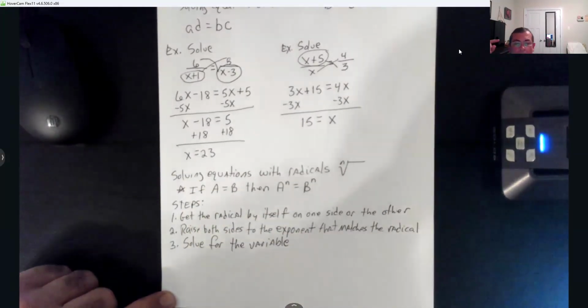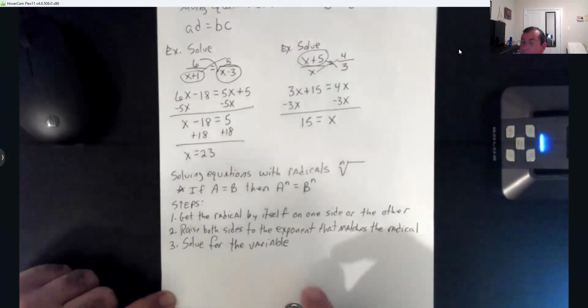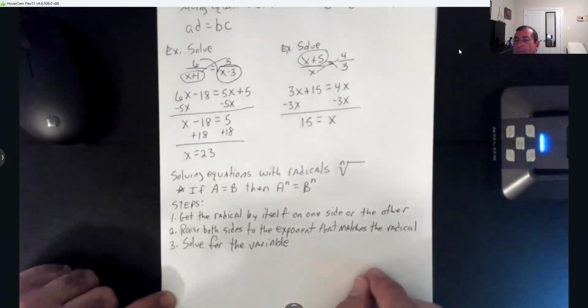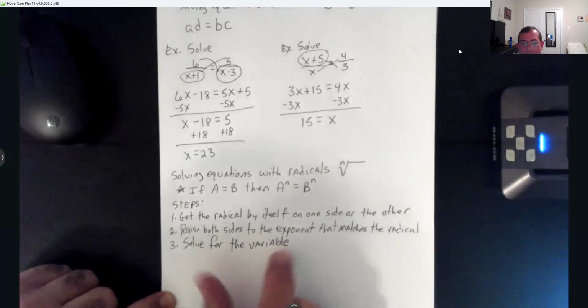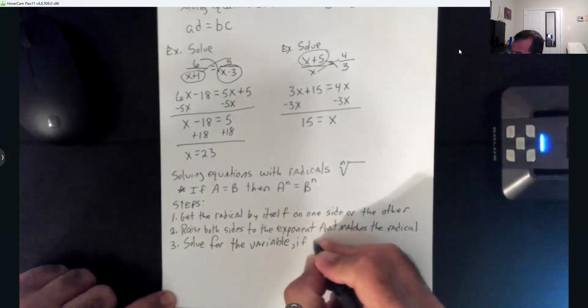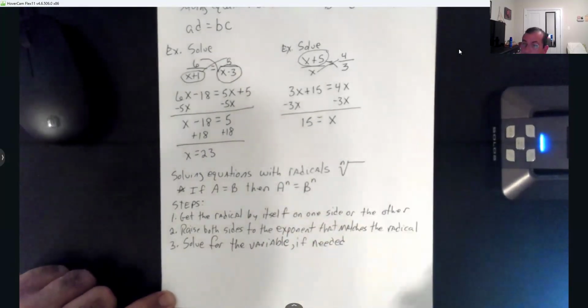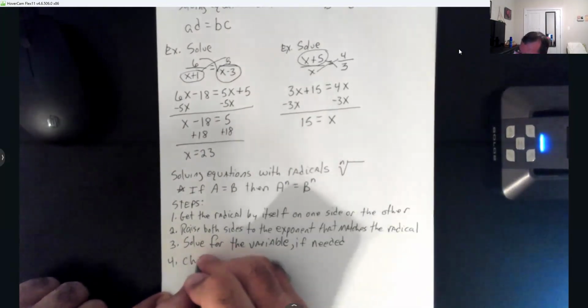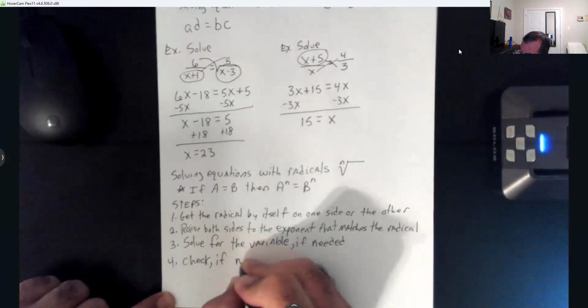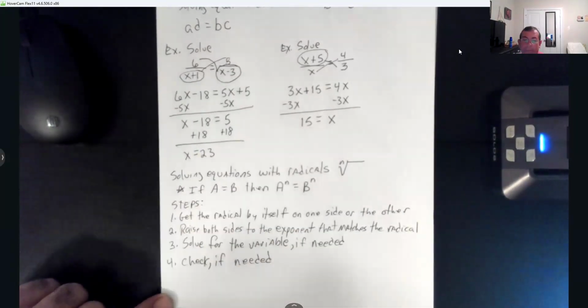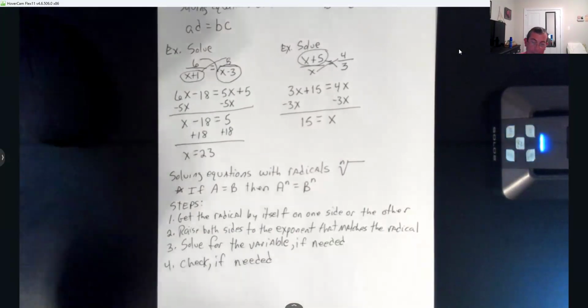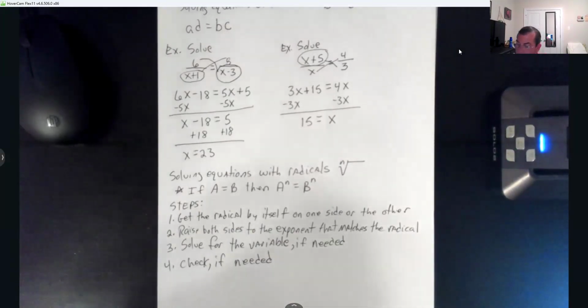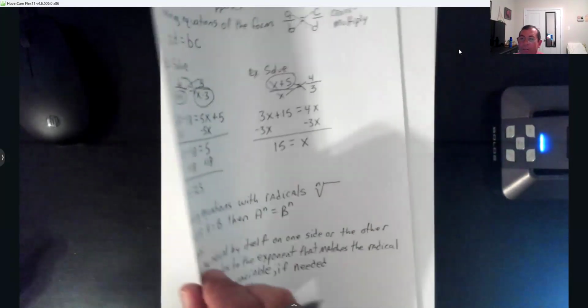Now really at that point, that could be the last step. Now, if you had something under the radical, like an x plus 5 or something, then you would actually have to solve it, okay? So solve for the variable if needed at that point. Sometimes it'll be done at that point, okay? And then always check if needed. All right, so they got a few doing that, and I just wanted y'all to see some of these examples, okay?